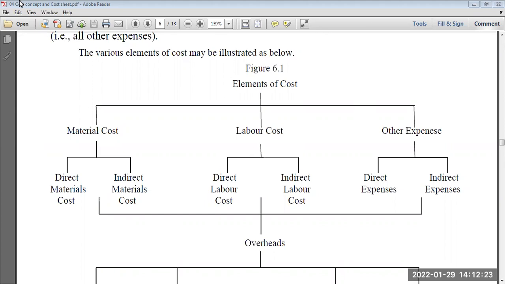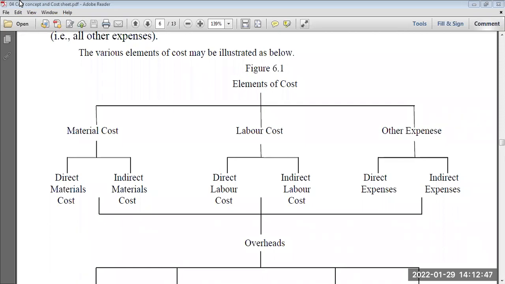Even without the supervisor, sometimes the manufacturing will go on. He is not directly involved in conversion of raw material into finished goods. So such labor cost is called indirect cost. But the one who is converting the paper into a notebook, for him you are paying some money. That money is called direct labor cost.